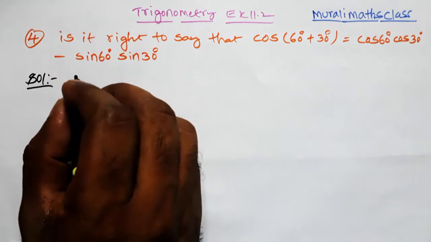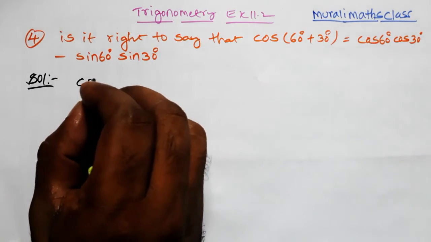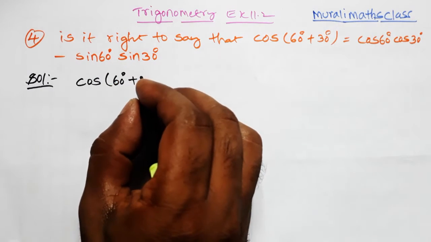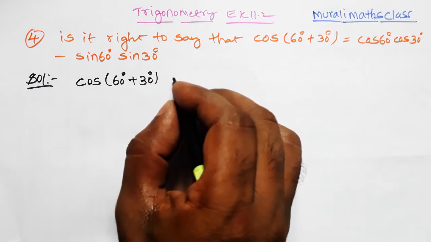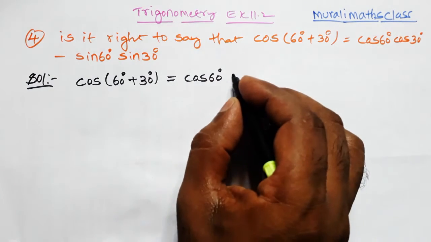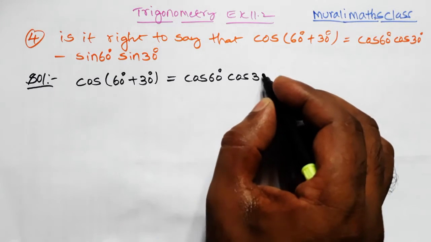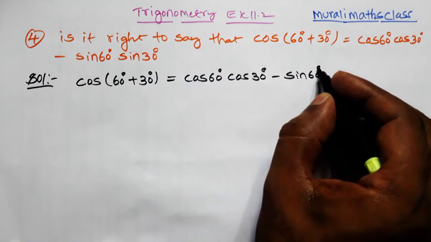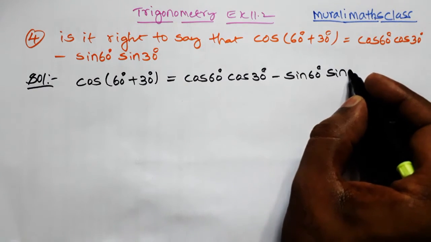So we will take first what they gave in the problem. Cos 60 degrees plus 30 degrees is equal to cos 60 degrees into cos 30 degrees minus sin 60 degrees into sin 30 degrees.